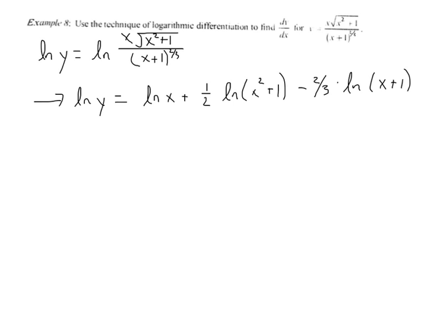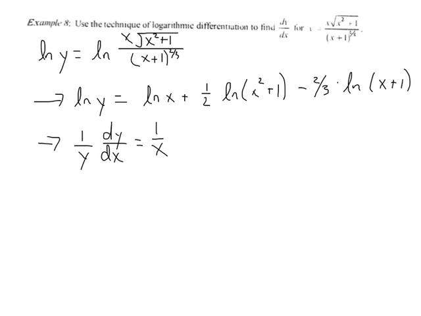So the derivative of natural log of y is going to be 1 over y. And because it involved y's, we're going to have dy dx at the end. Okay, the derivative of the natural log of x is just 1 over x.